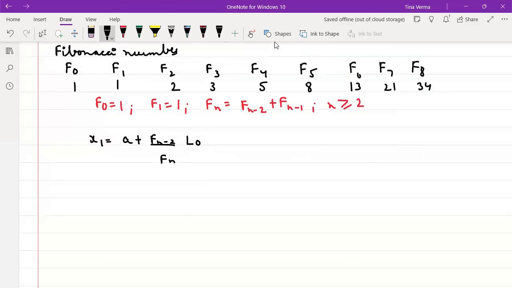L0 is the length of the interval, which is given to us. And x2 we will consider a plus f at n-1 divided by fn, and this is also into L0. There is a logic for that why we are considering, right? Then we further check that x1 is less than x2 और function की value क्या हो रही है, then we change the interval on that basis.